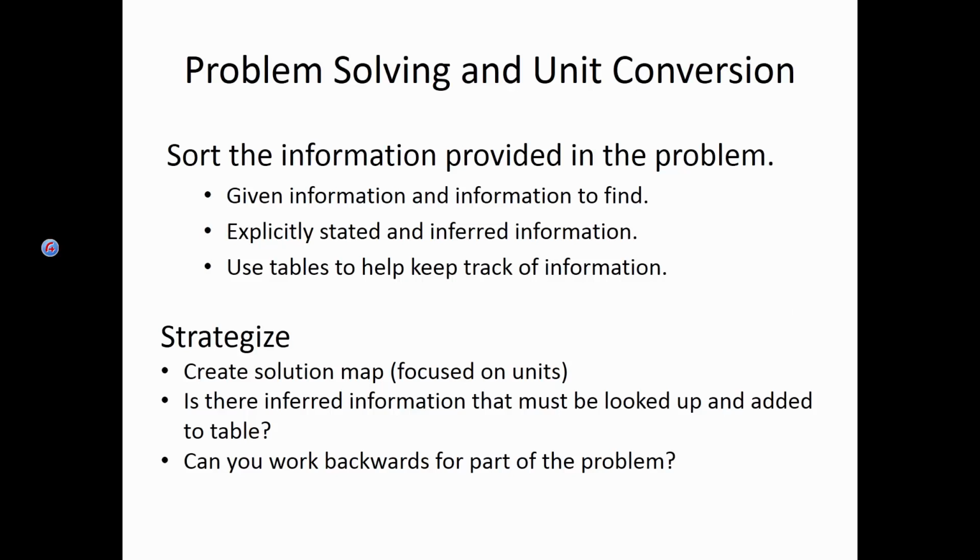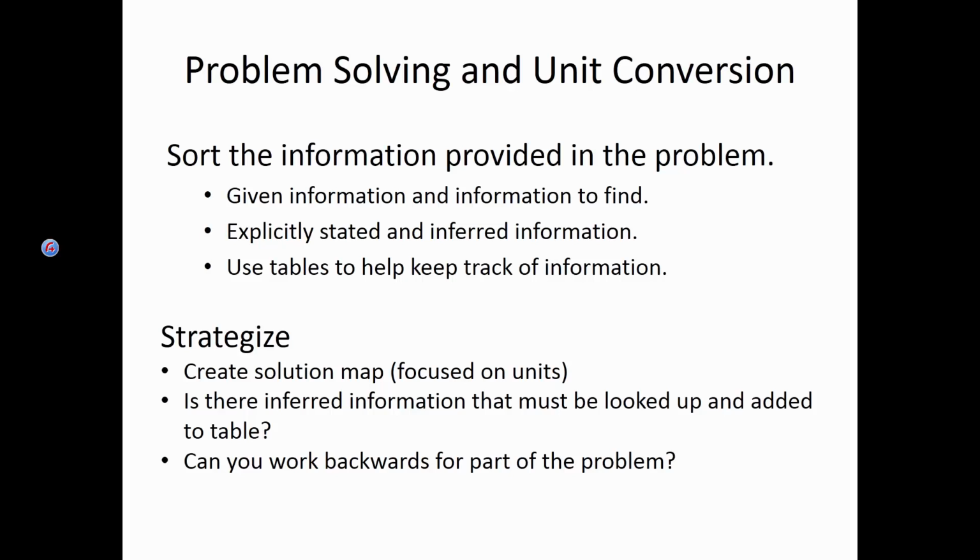Once you've made your table of data, of your information, come up with a plan on how to solve the problem. Most of the time, the best plan is to come up with what we're calling a solution map. This is focused on the units, so you're looking at how the units are telling you to solve the problem. Once you've done this, you might realize that you need additional information you didn't initially expect that you needed.